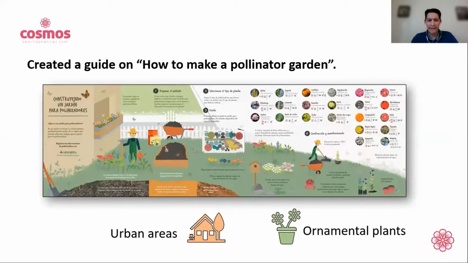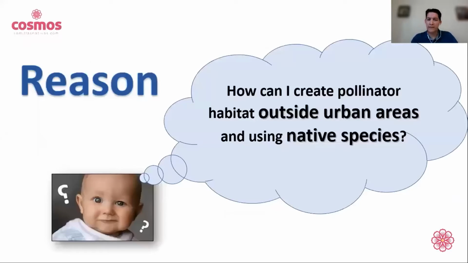And here is where I realized that pollinator gardens are mainly for urban areas and using ornamental plants. So I came with this question: how can I create pollinator habitat outside urban areas and using native species?